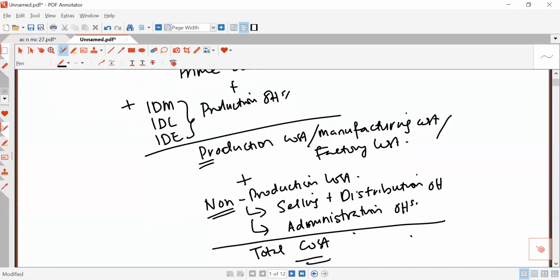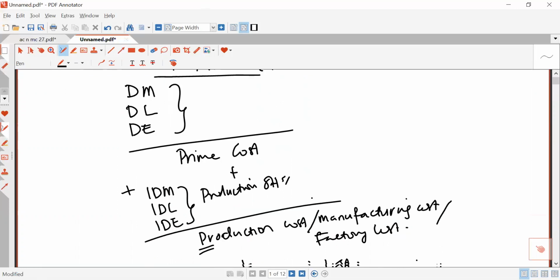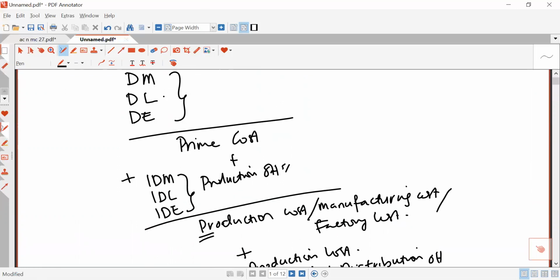What we have done so far, in most of the questions, is the cost statements in terms of total. We got total direct material, total direct labor, total direct expenses, all in terms of total.